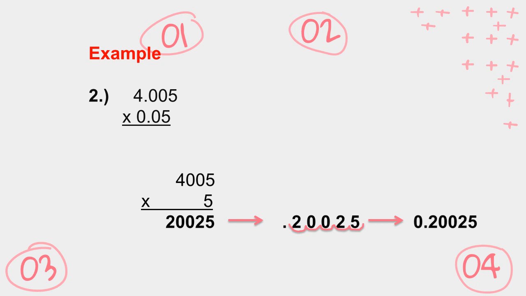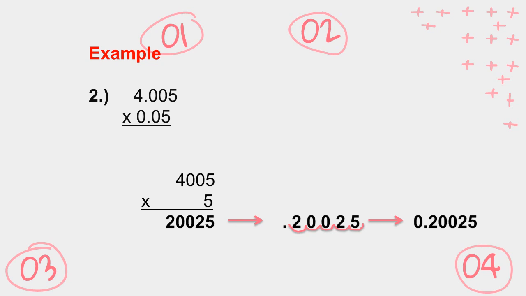Since may product na tayo, alamin na natin kung saan natin ilalagay yung decimal point. So bilangin natin yung decimal place value ng factors. Sa 4.005, we have 3. Sa 0.05, we have 2. So the total value of the decimal place value is 5. So, i-move natin yung decimal point sa dulo, 5 decimal places to the left.